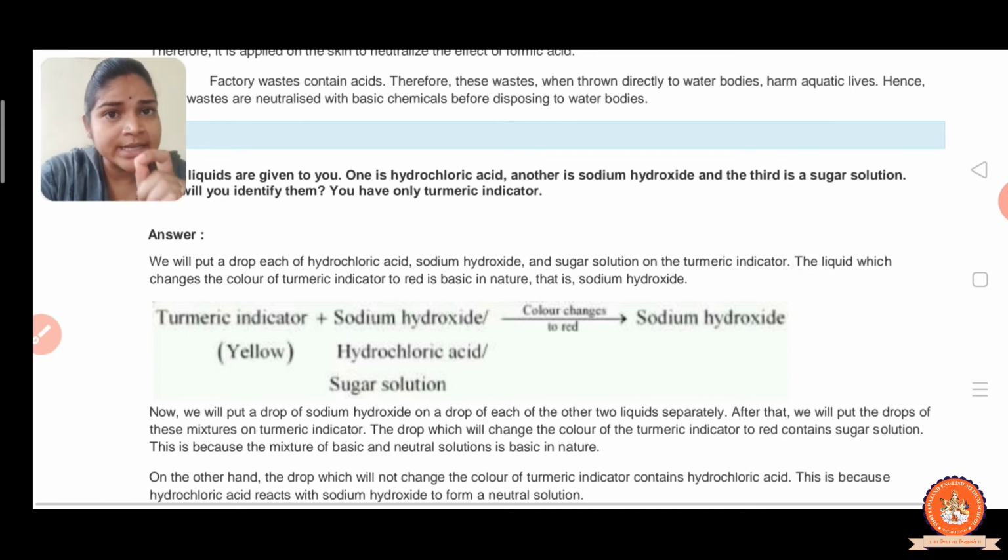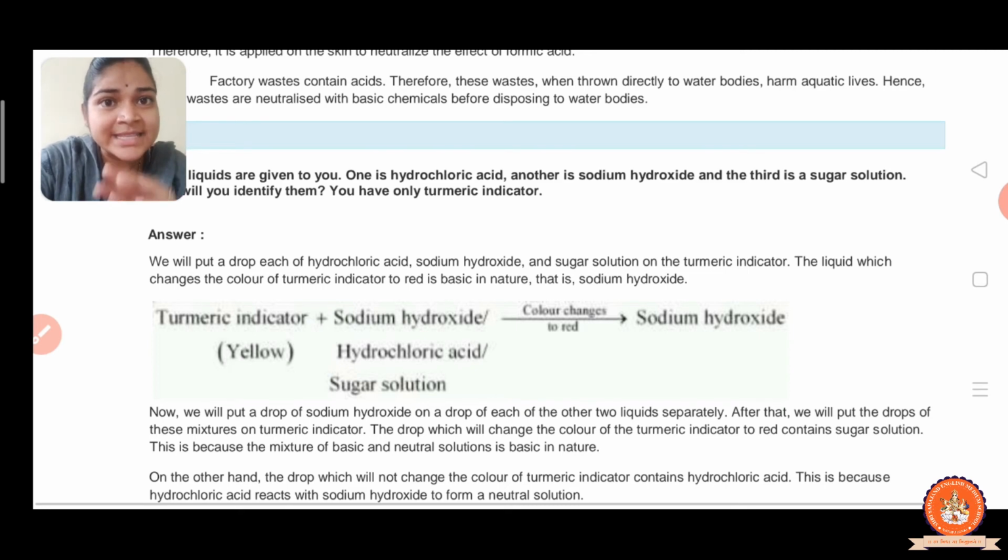If the color changes to red, it means it is the basic solution, and for the acidic solution there are no changes. We already discussed this in activity 5.2. So we put a drop of each liquid on the turmeric paper or turmeric indicator. The liquid that changes the color of the turmeric indicator to red is the basic solution.